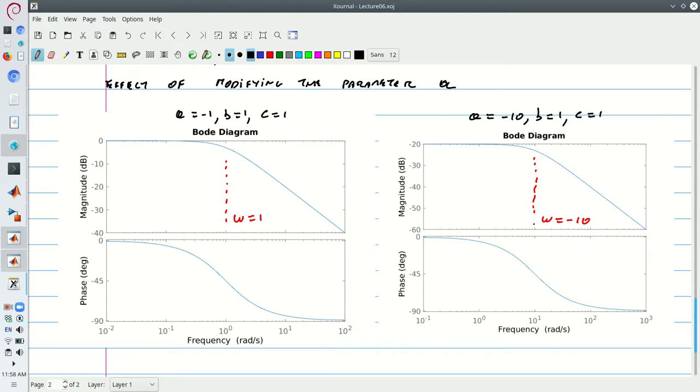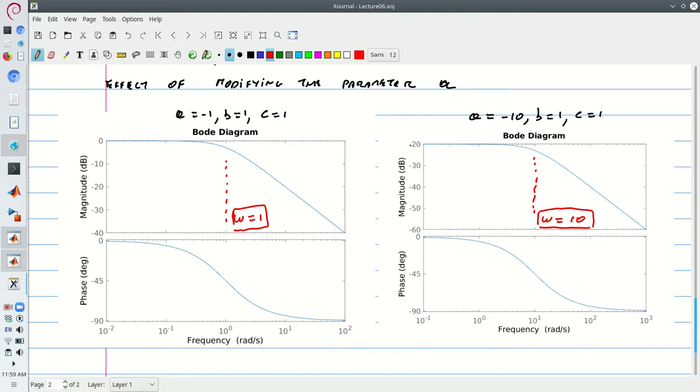So the main difference is where this slope happens. In this case, it happens at omega equal to 1, and here we have multiplied the parameter a by 10, and this change in slope, this knee, happens pretty much at 10 times the frequency, as opposed to the other case when a was equal to minus 1.